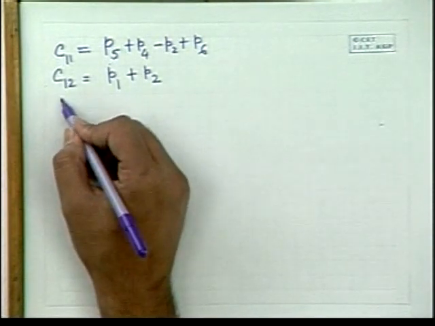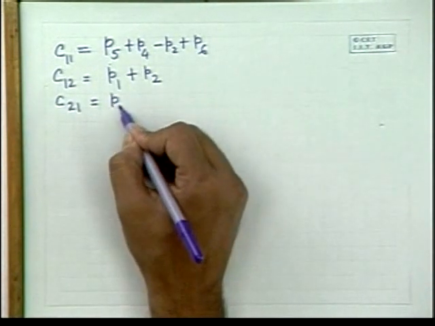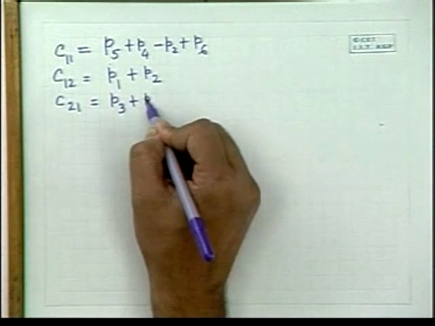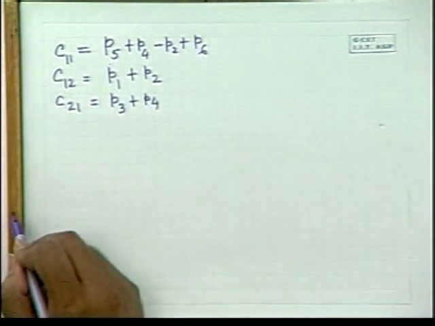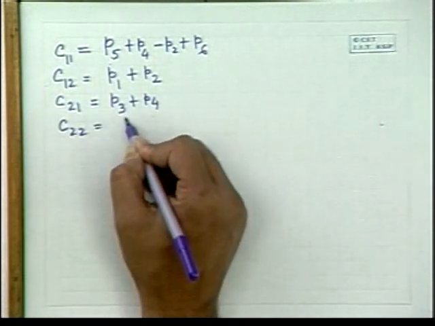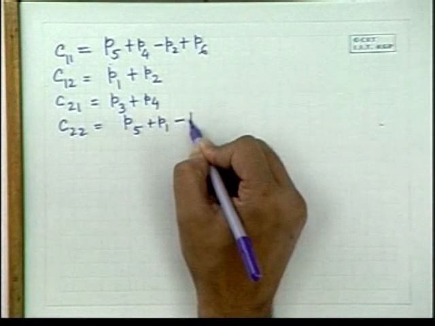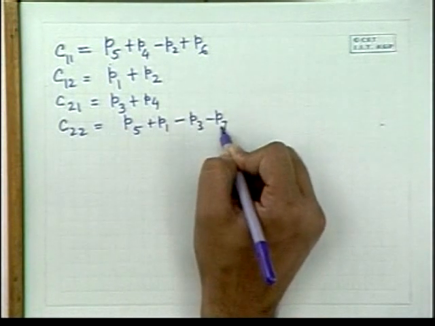You will get C21 if you add P3 and P4. Similarly, you will get C22 if you do P5 plus P1 minus P3 minus P7.